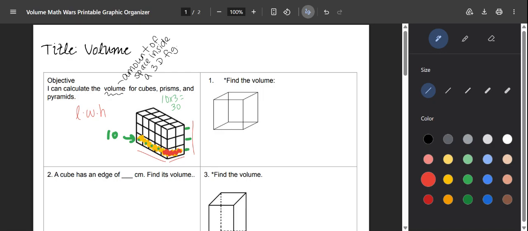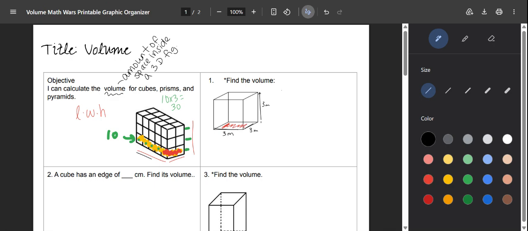We're going to find the volume of the cube, and we are told that the width of this edge is 3 meters. Since it is a cube, we know that this is 3, and this is 3, and then this is also 3. So I'm going to start like I did on this problem. I'm going to find the area of this bottom layer.